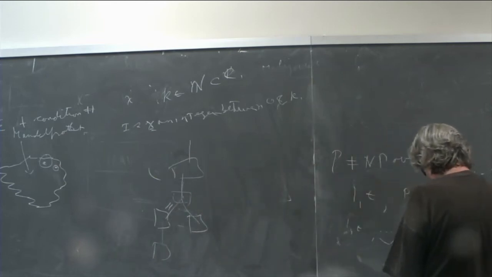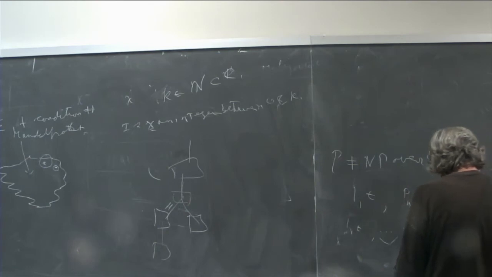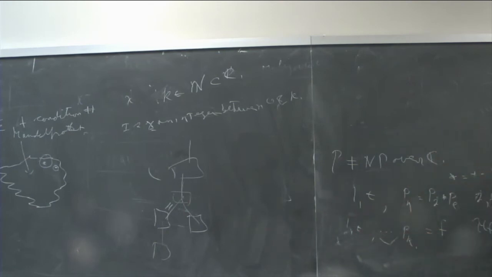Let's say this equals my polynomial f, and tau of f equals the shortest computation length of this type. And then the conjecture is that the number of distinct zeros of f is less than or equal to tau of f to the power c, for some constant c.